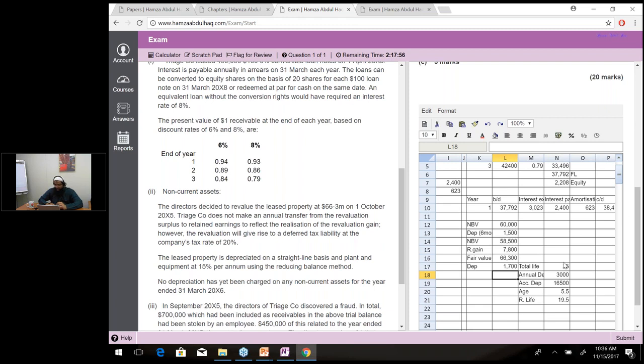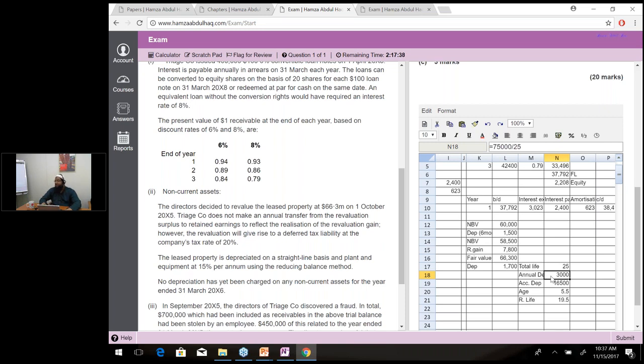Shizan Nazia wants me to repeat 5.5. Actually, Shizan Nazia, the total life was 25 years. And the annual depreciation is calculated as 75,000 cost divided by 25 years, so the annual depreciation was actually 3,000.